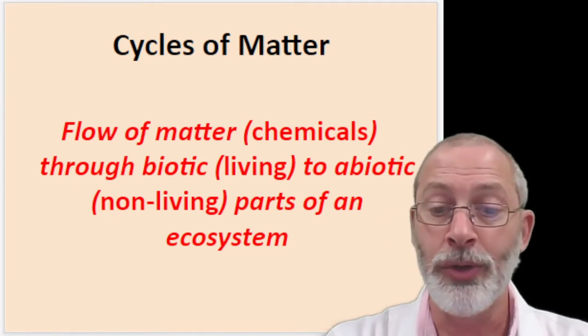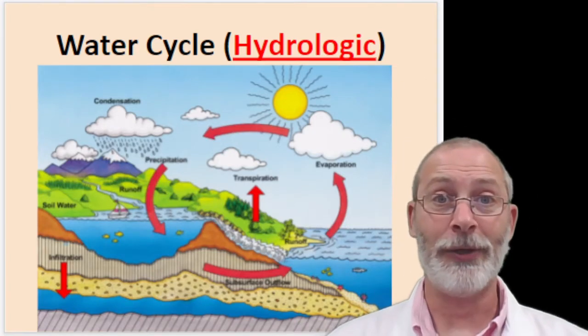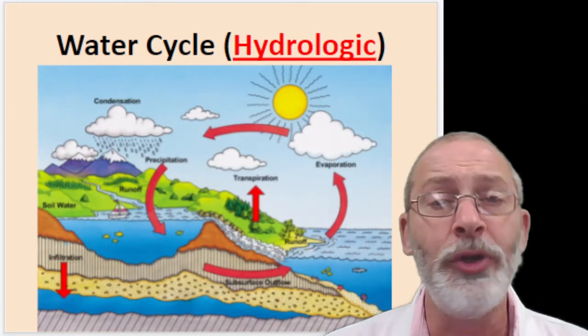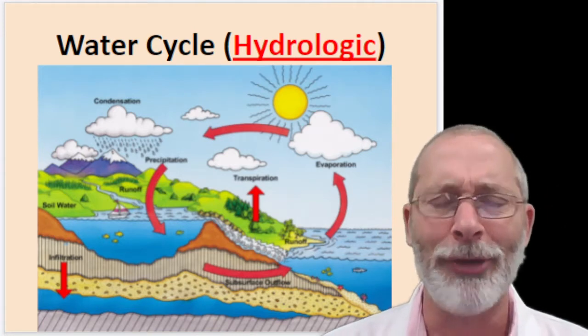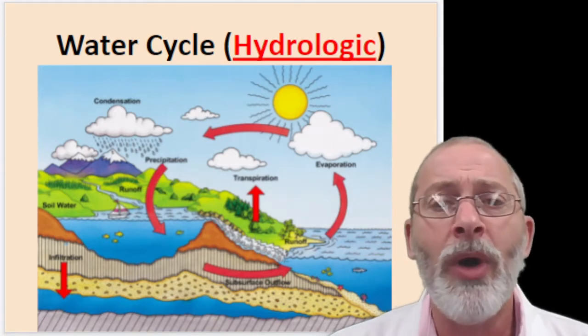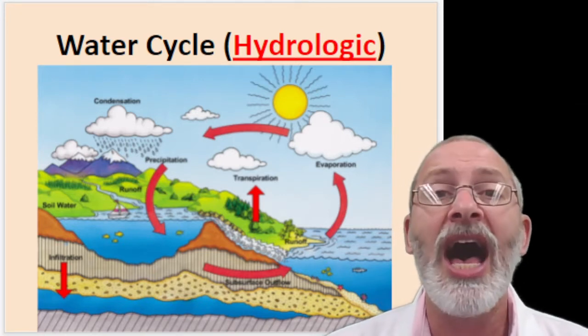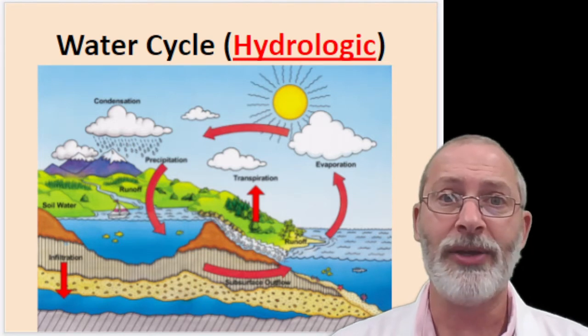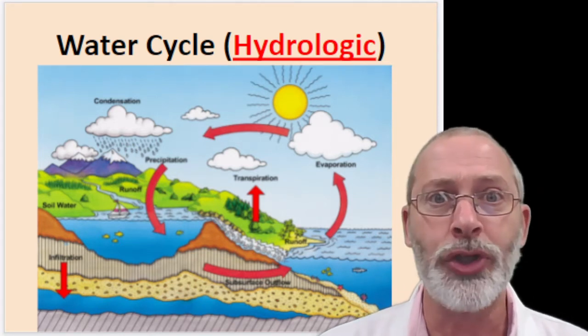So let's continue as we discuss the water cycle. How many of you have ever heard of the water cycle before? Yeah, everybody has. Well, the water cycle is more technically known as the hydrologic cycle. That word, hydrologic, what does that refer to?